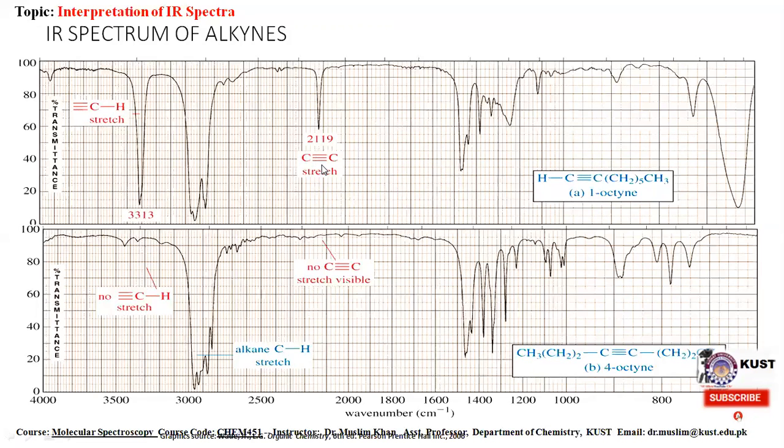This is for the unsymmetrical one, showing the stretching at 2119 due to the carbon-carbon triple bond, while it is missing in the other spectrum. The 3000 band is present in both spectra, but here the stretching at 3313 is due to the carbon attached to the triple bond and hydrogen, while this is missing in 4-octyne.